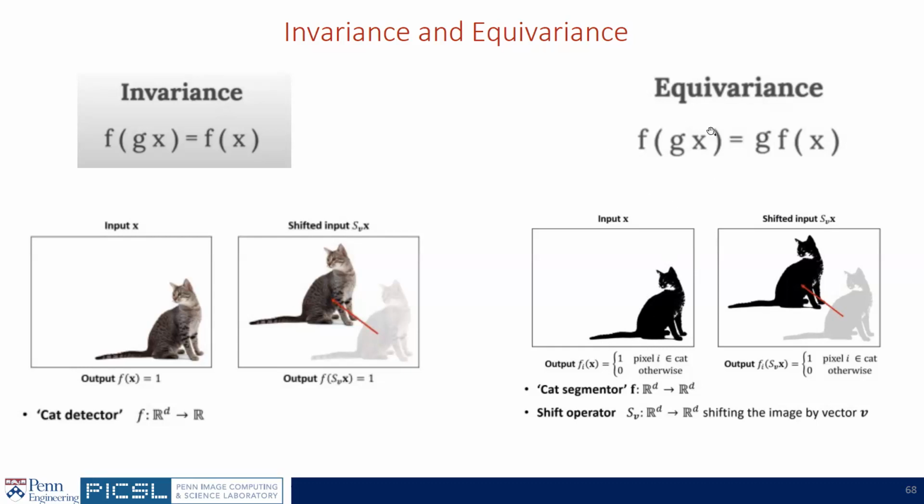This is represented by f of g of x. And this should be equal to first segmenting the image and then shifting it. It should not matter whether I first shift the image and then segment it, or first segment the image and then shift it. Both outputs should be the same. That is what is called equivariance.